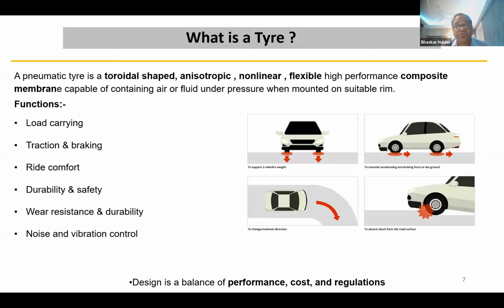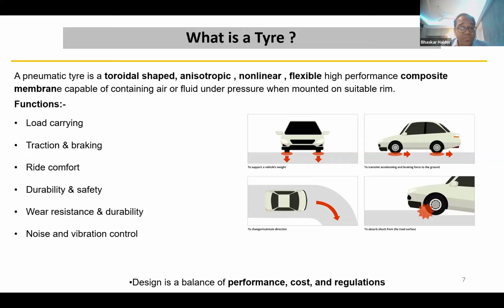Noise and vibration are also important, because while a tire is in running condition, it generates noise. And as per the radial force variation, when it is in running condition, some radial force variation happens in the tires. So vibration also comes from the tire to our steering and to our body.